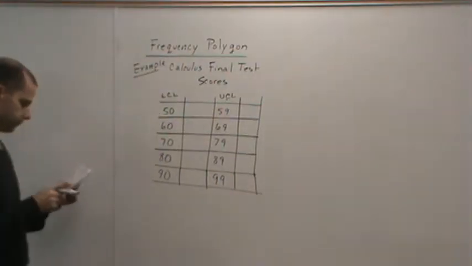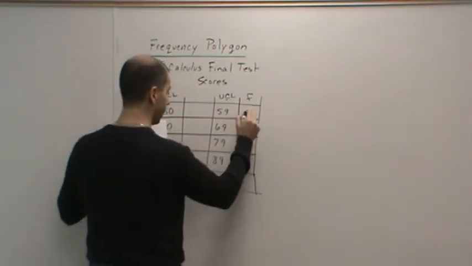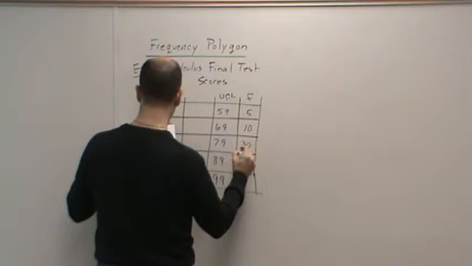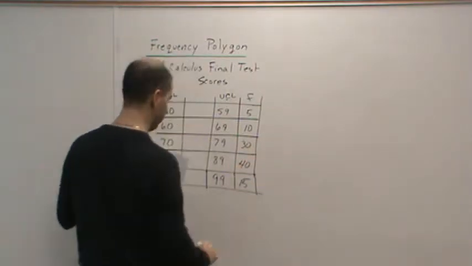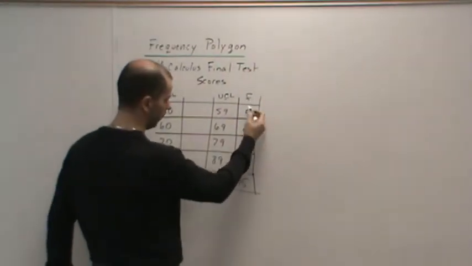Okay? And so here's the frequencies. So we got 5, 10, 30, 40, and 15. Okay? So you can sort of see kind of a distribution here, 5, 10.